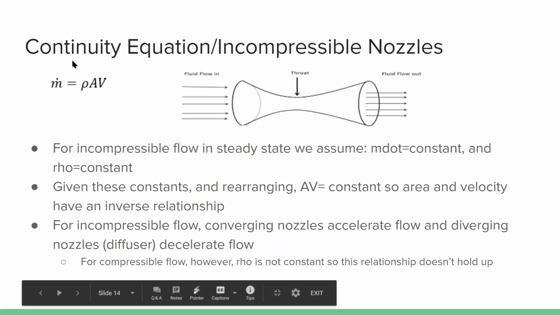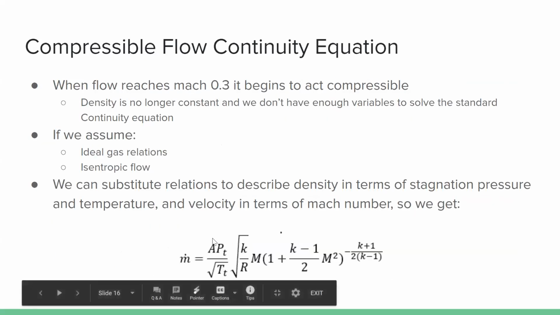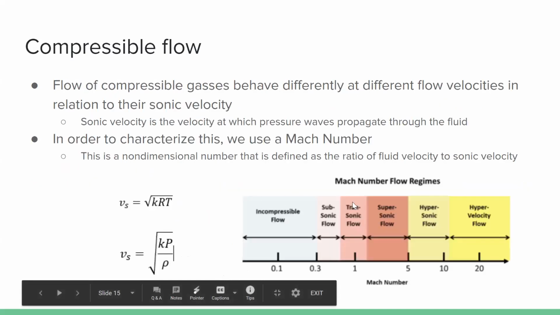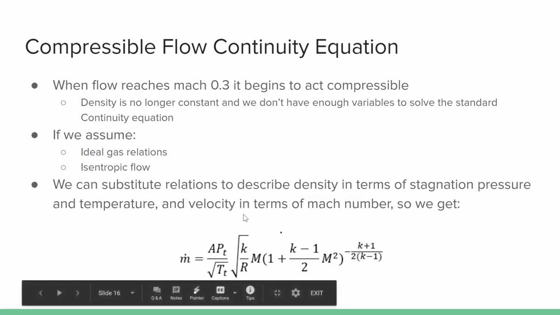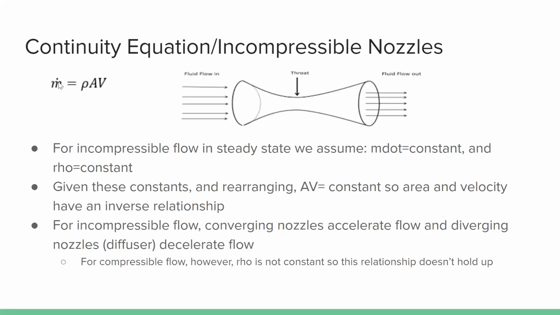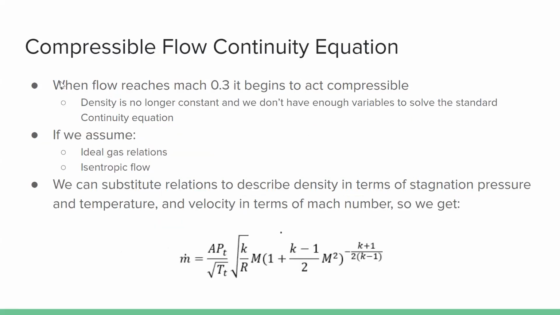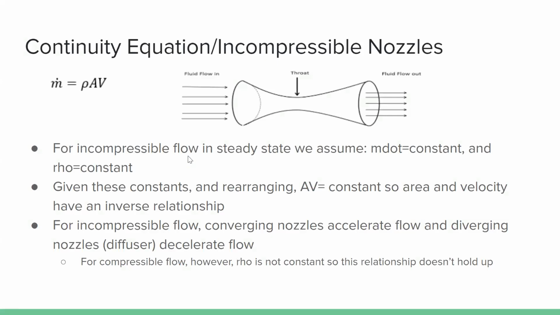This is pretty much the same equation here, except for flow moving at this speed. And this is actually derived from this equation, and I believe some of these ideal gas relations we talked about on Tuesday.